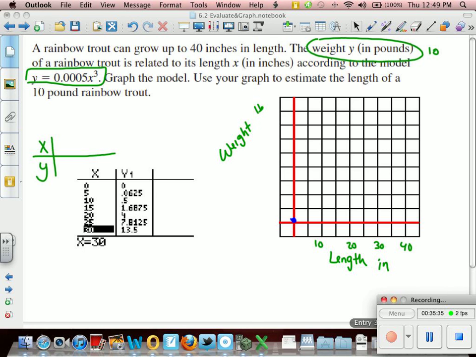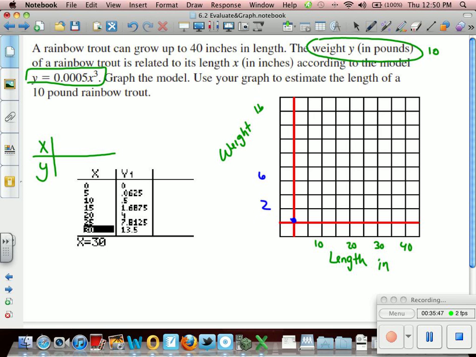So maybe I'll go by a scale of 2s. So 2, 4, 6, 8, 10, and that'll get me up to 12 or 14 up here. And then I'm going to plot those numbers.